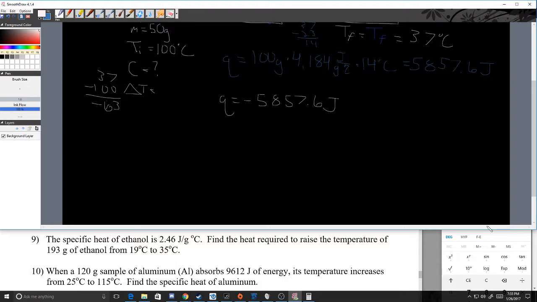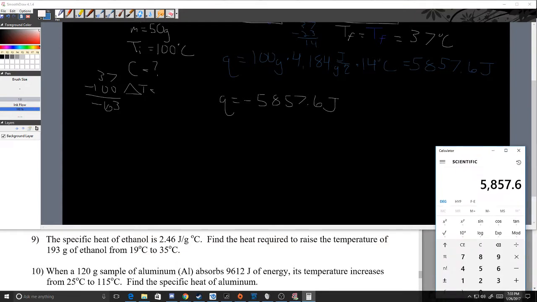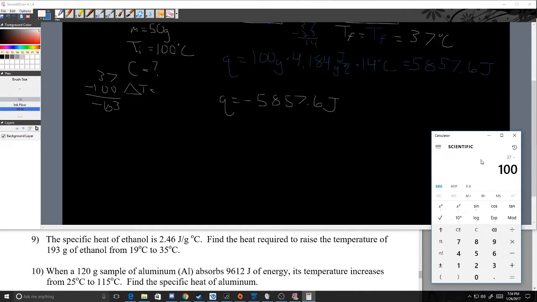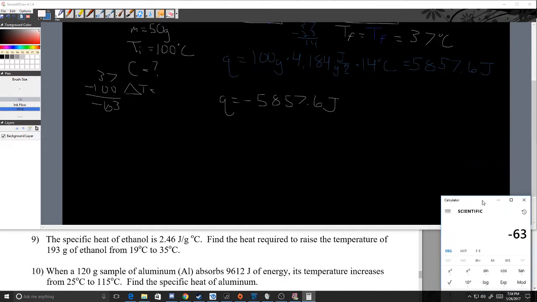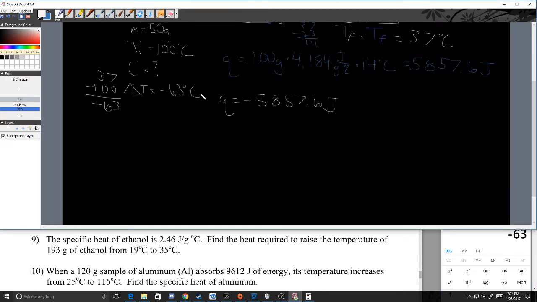Let's double check just to make sure. 37 minus 100. Negative 63. Good deal. All right. Change in temp of the block, negative 63 degrees Celsius. Looking at it this way, the only thing I'm missing for the block is a specific heat, which is what I want to calculate. So now I can set it up.